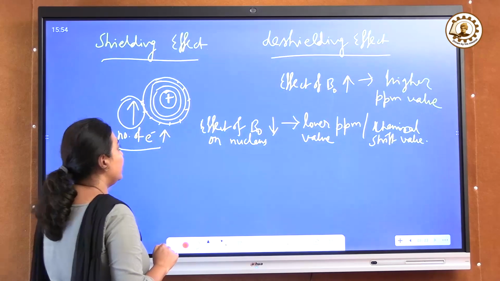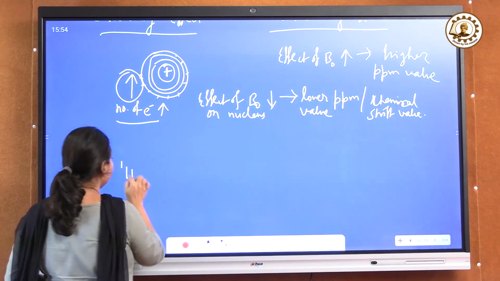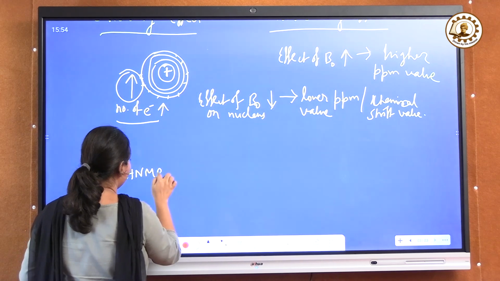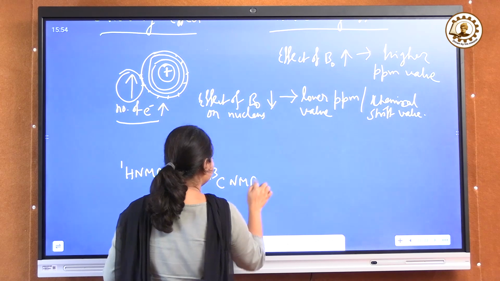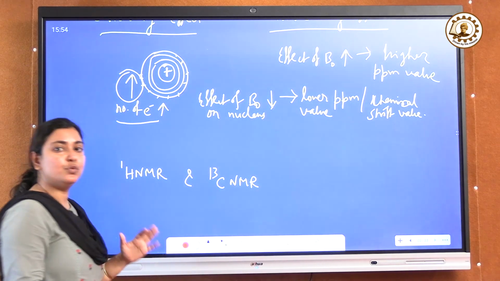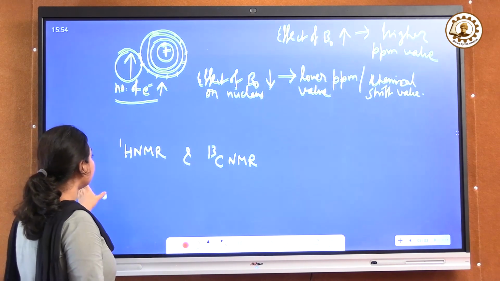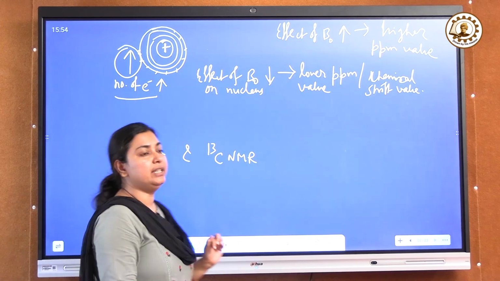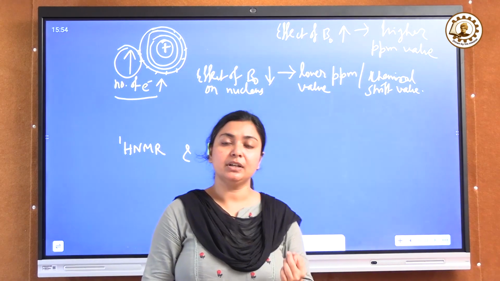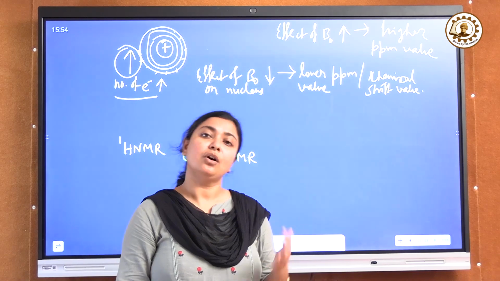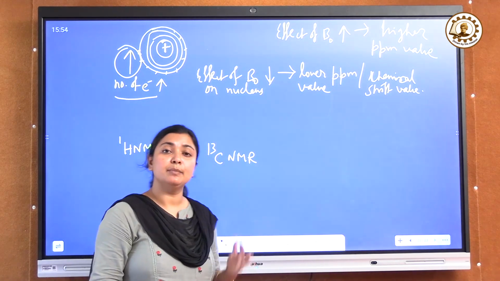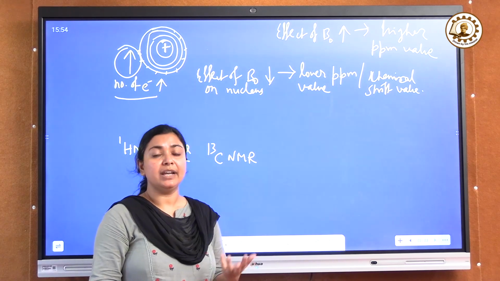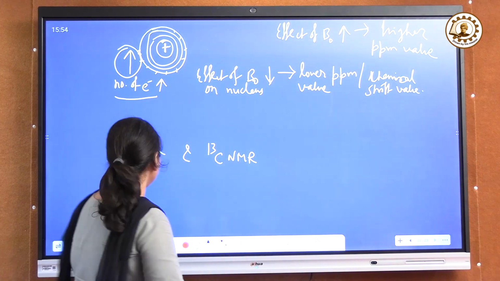Most studied NMRs are proton NMR, 1H NMR, and carbon 13 NMR. These two NMRs are the most studied. Now, if we want to find how many signals will appear in proton NMR or in carbon NMR, the number of signals is decided based on the chemical environment of protons and carbons.